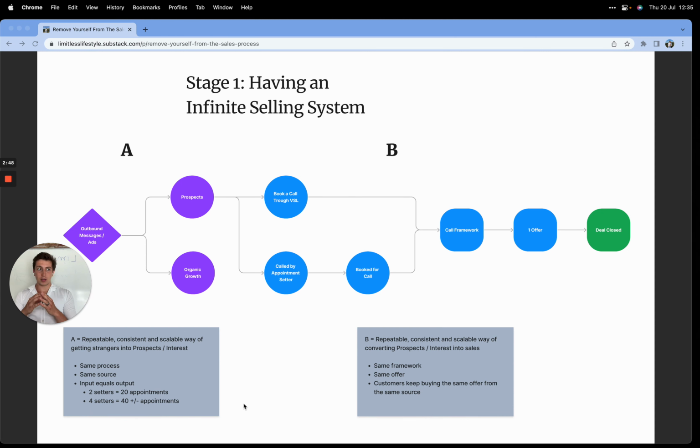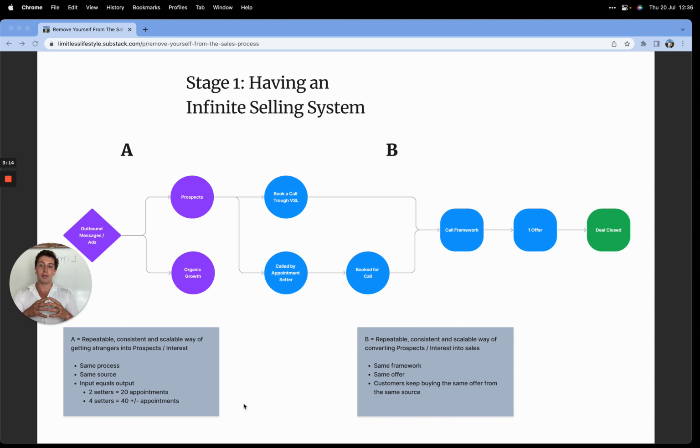So it has to be the same process over and over again. And they're coming from the same source over and over again. And you're able to turn them into qualified or at least interested prospects. So prospects are people that are interested in your service, of course.